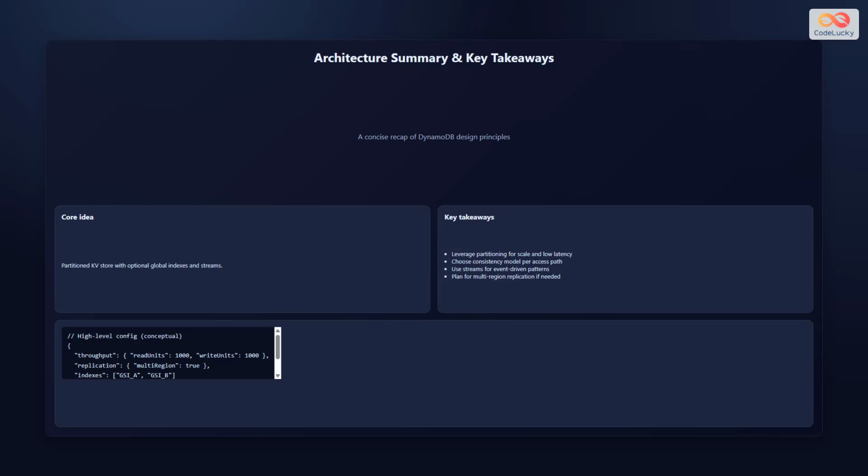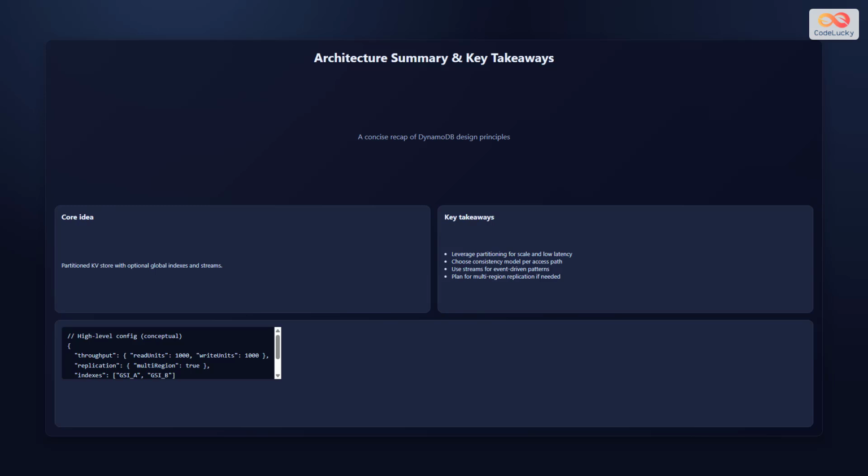DynamoDB is a partitioned key-value store with optional global and local secondary indexes and real-time streams. The core principle is leveraging partitioning to achieve massive scale with low latency. Design your access patterns first, then choose partition keys that distribute load evenly. Select the consistency model appropriate for each query. Use streams for event-driven patterns and multi-region replication for high availability.